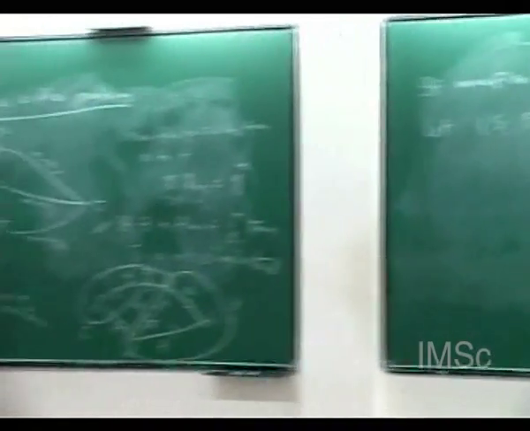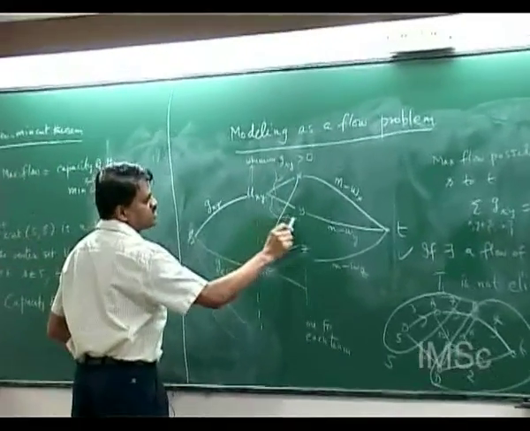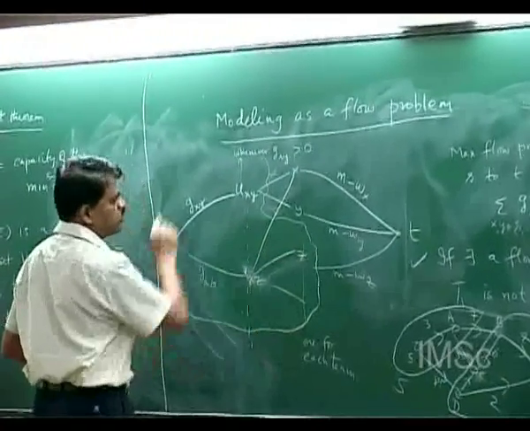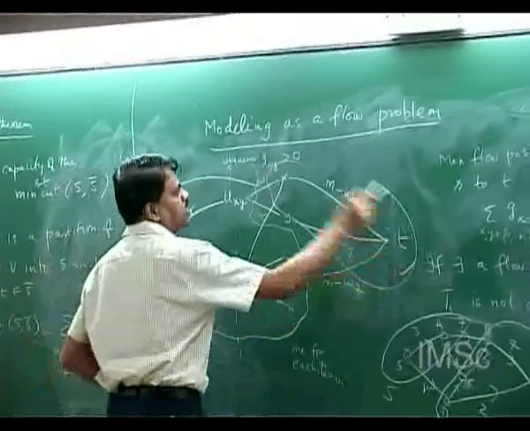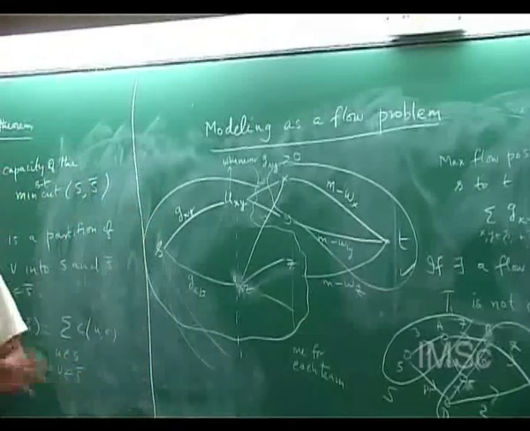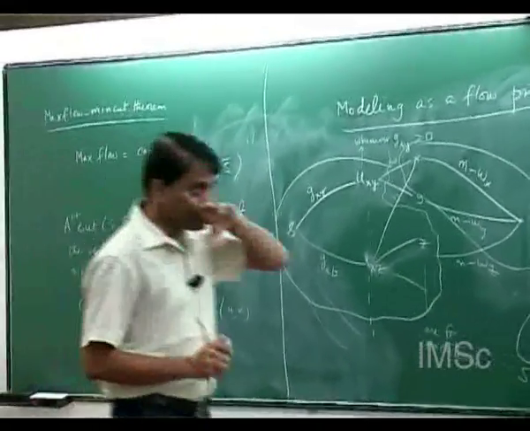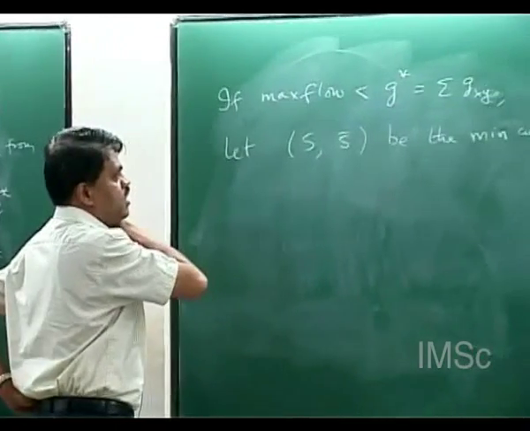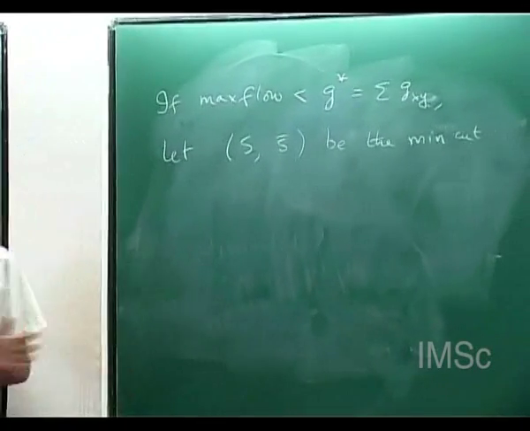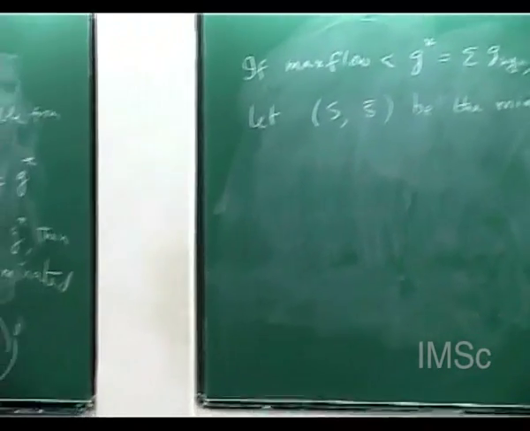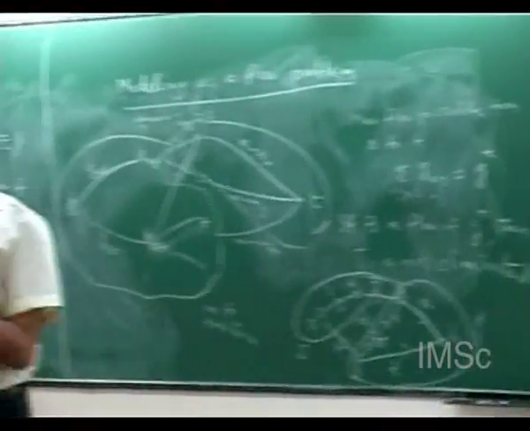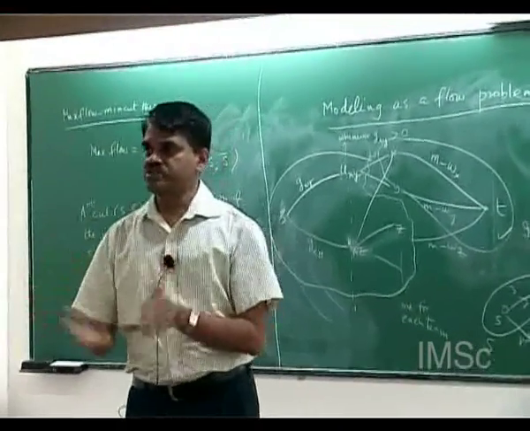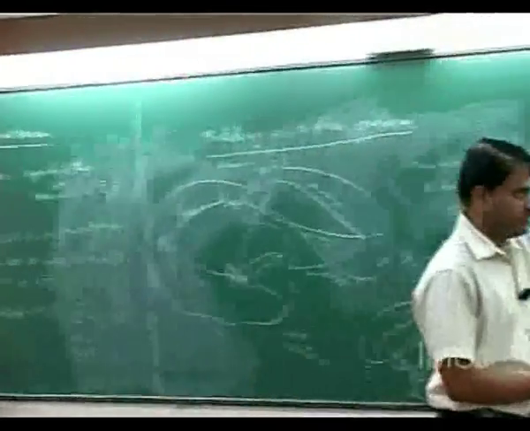The min cut may have some of these u x y vertices, some of the z vertices. So, it could be like this, right. Your min cut is just a partition of the vertex set. And I want to look at the capacity of this cut, which is the sum of the capacities of the edges going from S to S bar, and derive this.